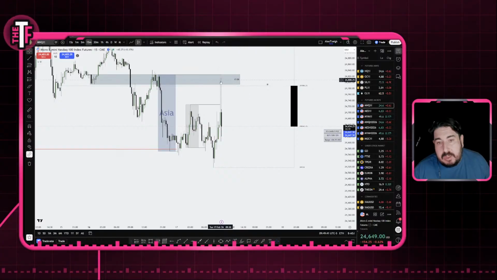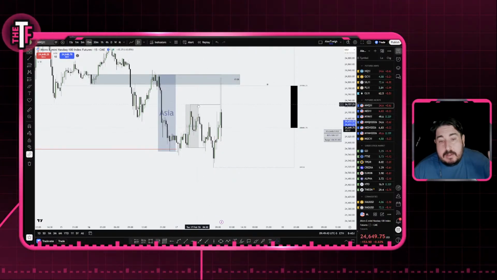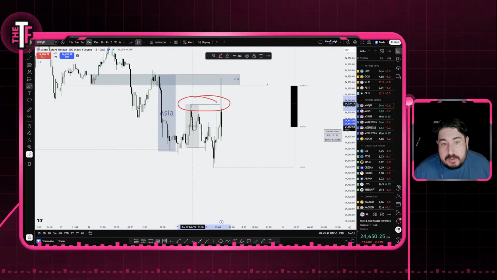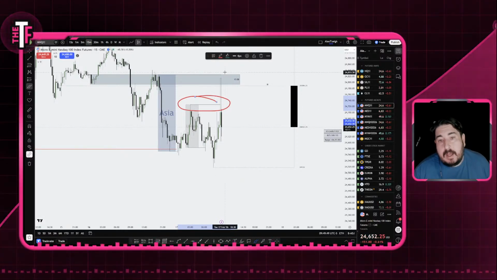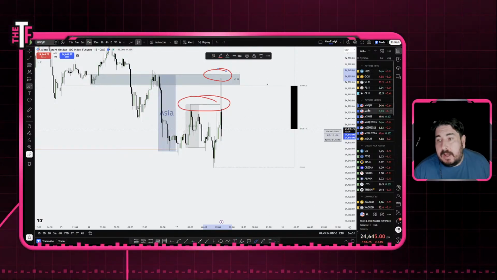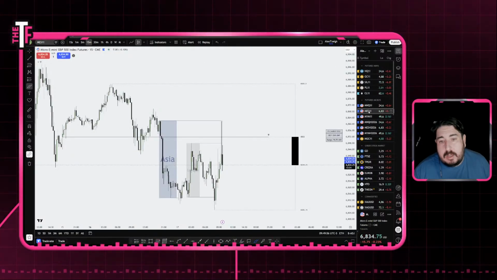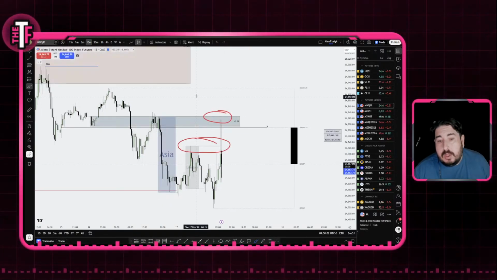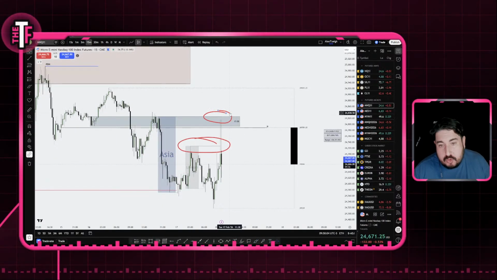We have this really nice liquidity sweep taking what? Over here, an important PDRA. I know that Asian high is not taken, but if I look closely, it didn't take it by a tick. So I'm bearish for the day for sure.